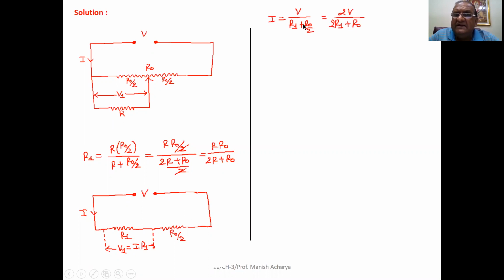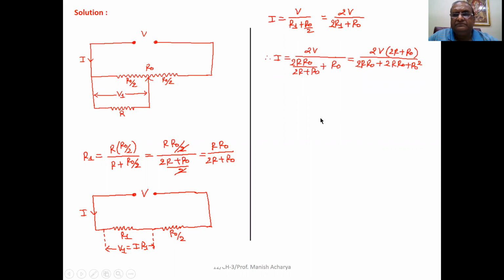Now current I is the supply voltage V upon the total resistance of the circuit. Here R1 and R0 by 2 are in series. So we can write R1 plus R0 by 2. Again taking LCM, we can write 2V upon 2R1 plus R0.